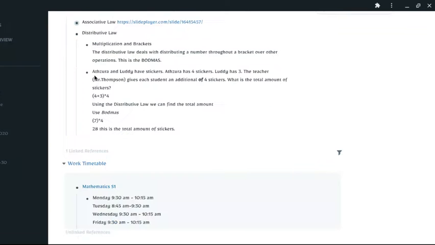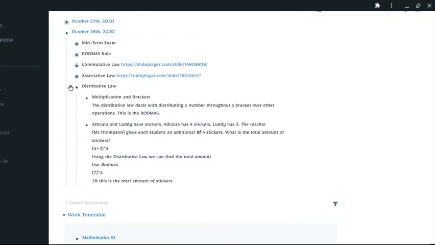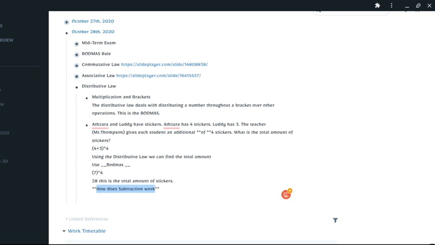So now, we've covered the 3 main laws: the distributive, the associative, and commutative. But in next class, we're going to go in depth with distributive and understand how subtraction works. That's our next topic after you've done the activity for associative and commutative.